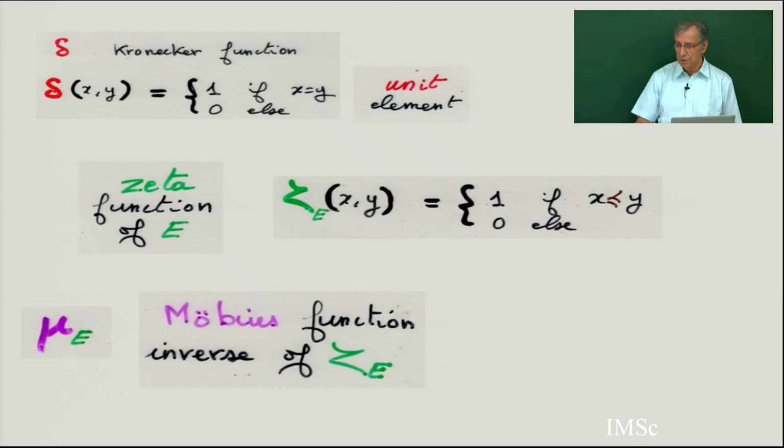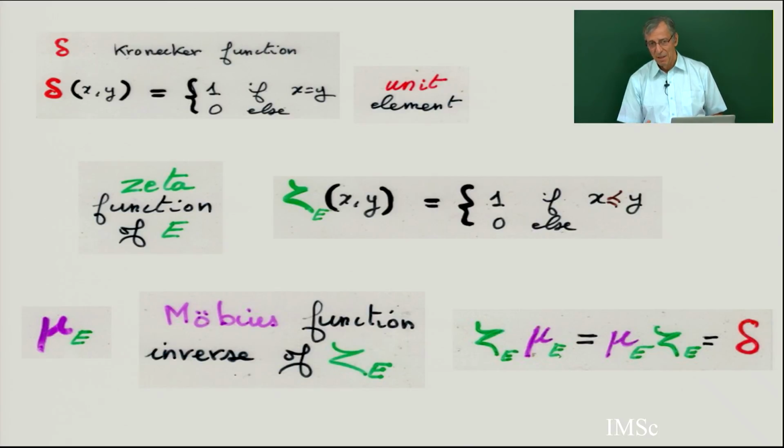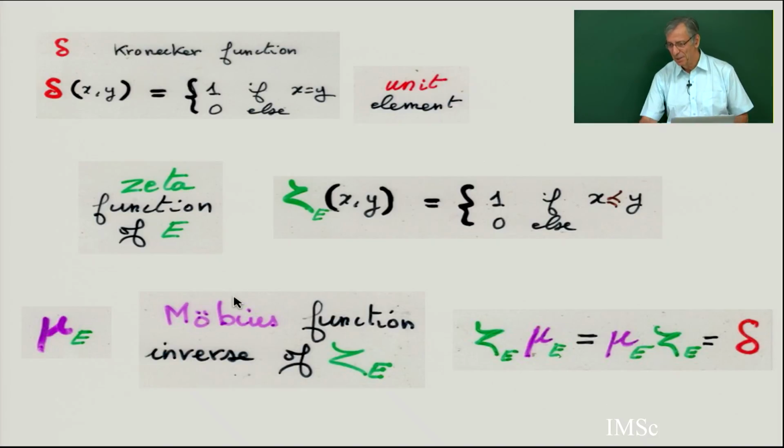And now the Möbius function of the poset, it's a function in the incidence algebra, by definition just the inverse of the zeta function. So this inverse exists, as a lemma. I will maybe give you an exercise to give an explicit form of this Möbius function. I suppose it exists, it can be proved, I will not give you the proof. And Möbius is just the inverse of the zeta function.